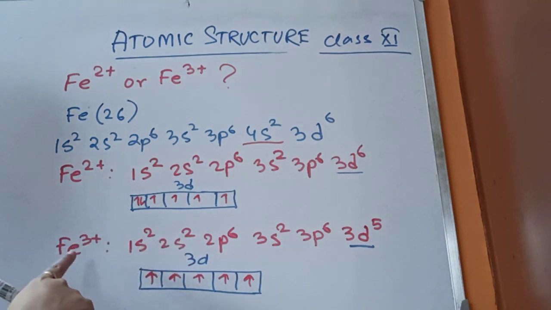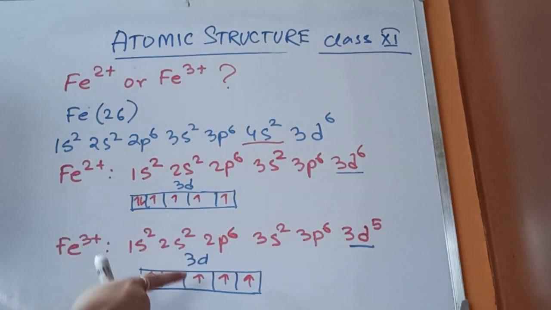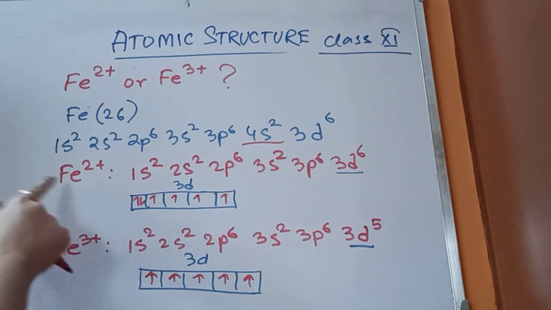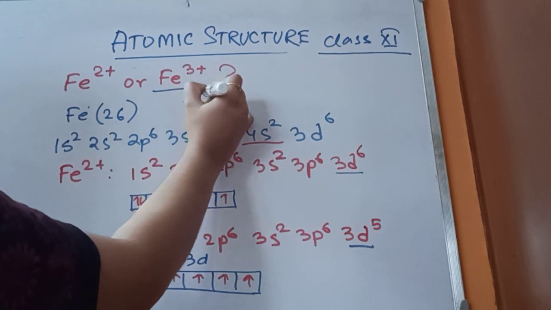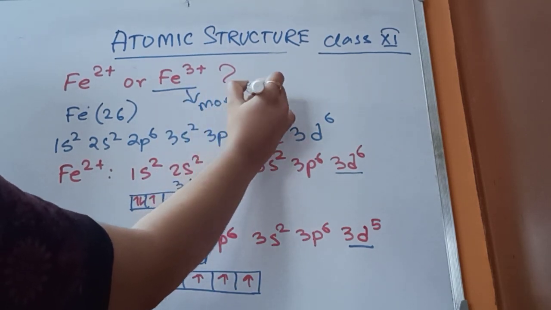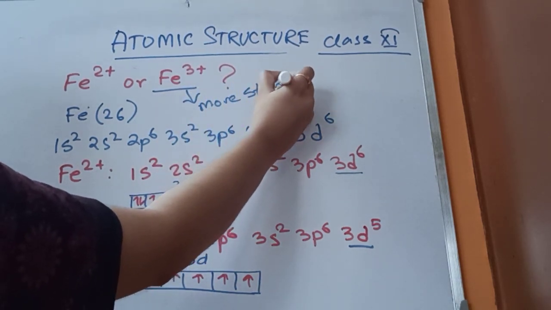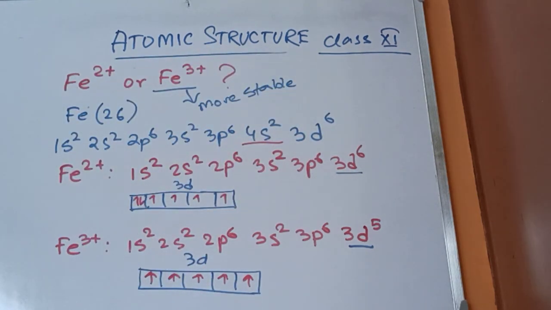Means in Fe3+ we have half filled configuration, but in Fe2+ we have partially filled configuration. We know that half filled configuration is more stable than partially filled configuration. That's why Fe3+ is more stable than Fe2+.